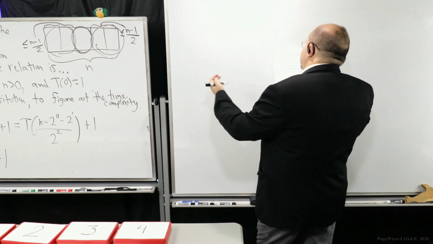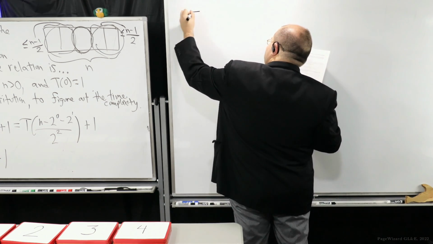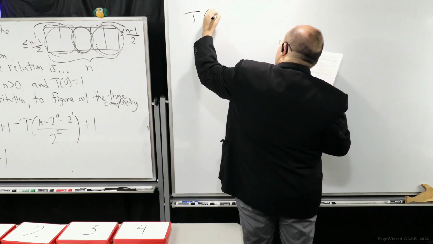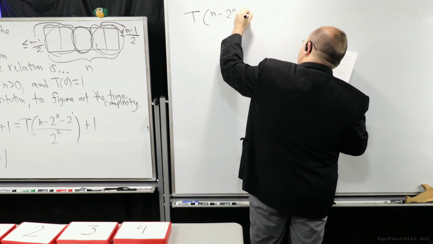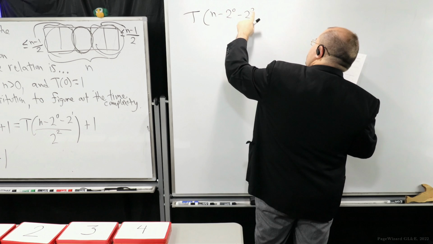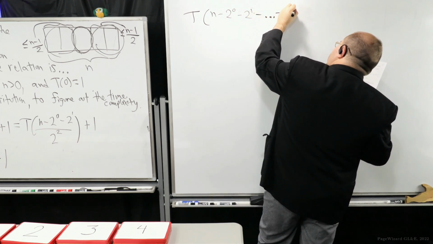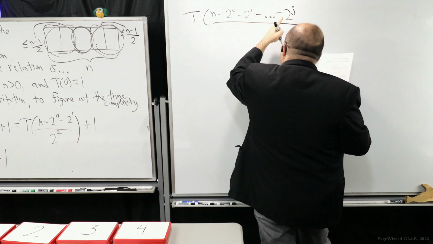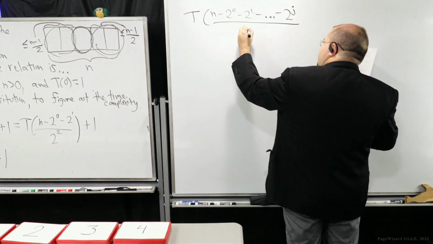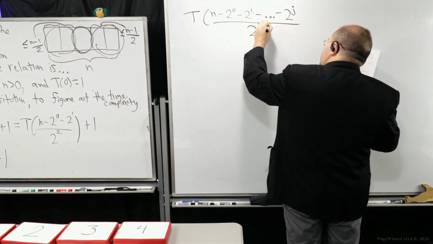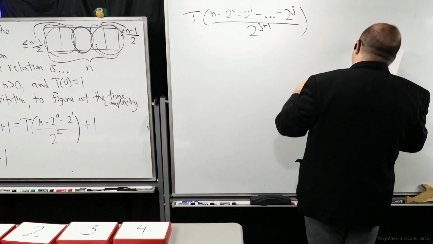So here's the idea of what my guess would look like. So I have n minus 2 to the power of 0 minus 2 to the power of 1, all the way up to 2 to the power of j. So if it's j here, then it's going to be j plus 1 down here, 2 to the power of j plus 1.